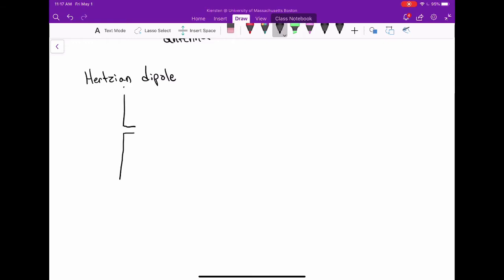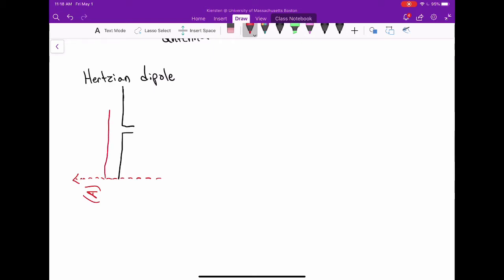Because if I were to plot the amplitude of the current along its length, if I made this a little graph where this is an axis of amps and this is the antenna length, the current on this antenna looks like this. It is constant. That is not a realizable current distribution on an antenna.